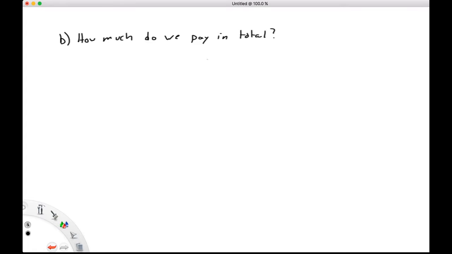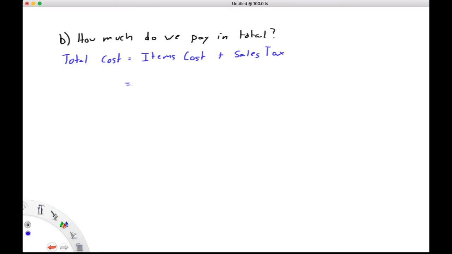And there's two ways we can answer this question. We could say that our total cost is going to be everything that we paid for the items, plus all of the extra that we have to pay in sales tax, right? So items cost plus sales tax will give us the total cost.